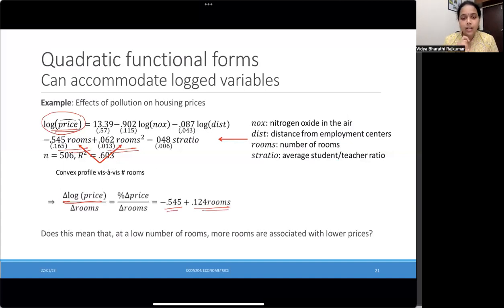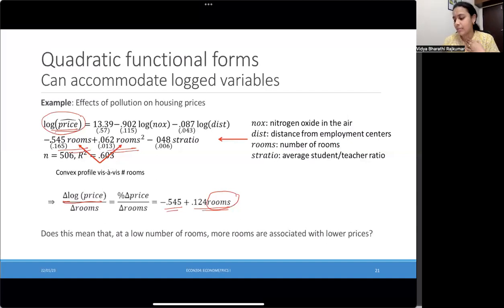That is, if I'm looking at how the change in the number of rooms affects prices, that change actually depends on how many rooms the house actually has. Does it have one room or two rooms? So where exactly are you looking at that change from? That's what we have to be careful about.